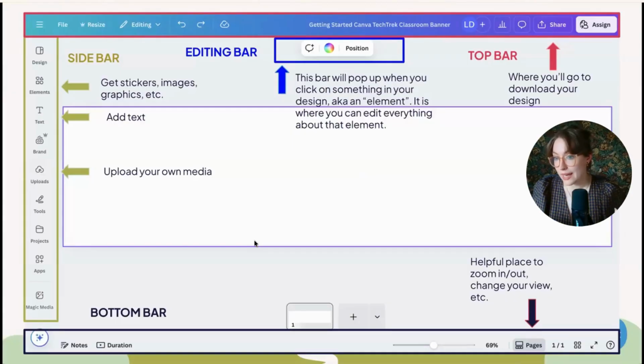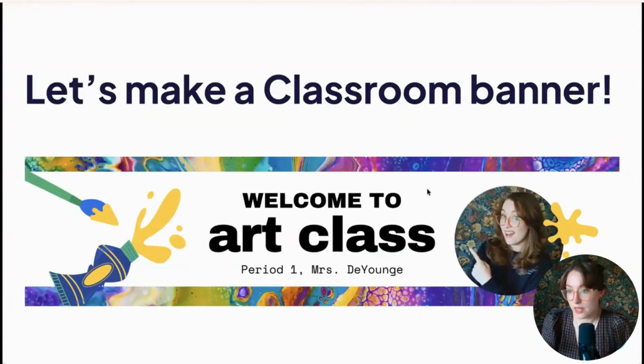So let's go ahead and get into actually creating, because that's the best way to learn how to use Canva basics. I'm going to have us create a Google Classroom design that looks something like this.